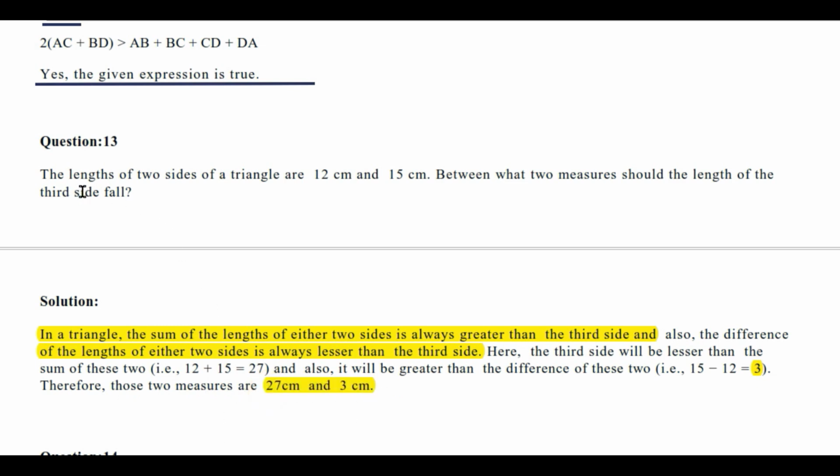So the third side will be between 3 and 27. Remember this. What is the property? The sum of two sides of a triangle is greater than the third side, and the difference of the lengths is lesser than the third side. Okay. These two things you have to remember to solve questions like this.